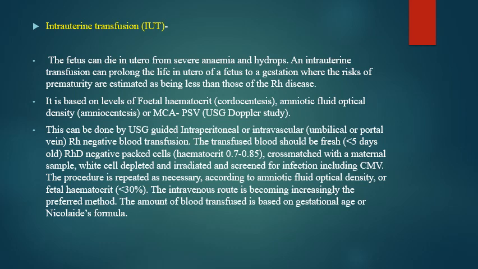This is white cell depleted and irradiated and screened for infection including cytomegalovirus. The procedure is repeated as necessary according to the amniotic fluid optical density or fetal hematocrit. The IV route is becoming increasingly the preferred method.